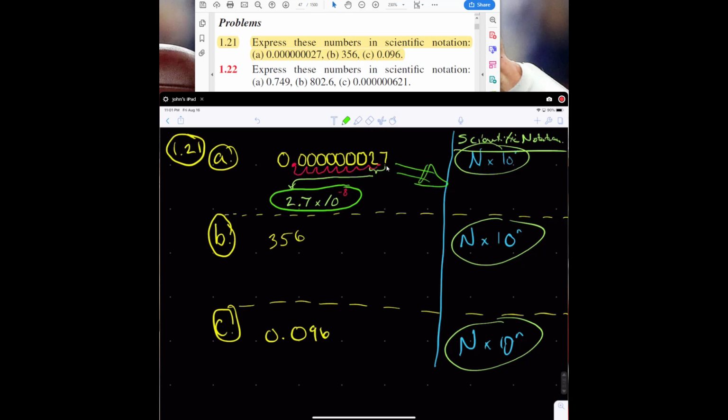Okay? So we can say that 2.7 times 10 to the negative 8 power can also be written in decimal form as 0.00000027. And you could plug that into the calculator. If it's a scientific calculator, which it should be, it should have a function to easily interchange the form from decimal to scientific notation.